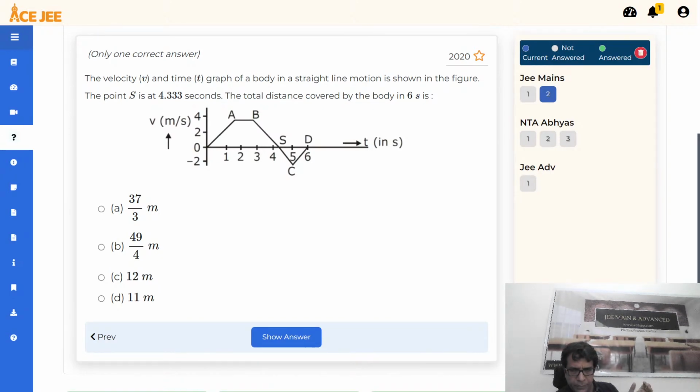Sir, what I didn't understand is how I will find the area because the exact points are not given. Let's see if the exact points are given or not. A and B are 4 meters per second. For point C, the coordinate is -2. For the x-intercept at S, it is given to be 4.333.